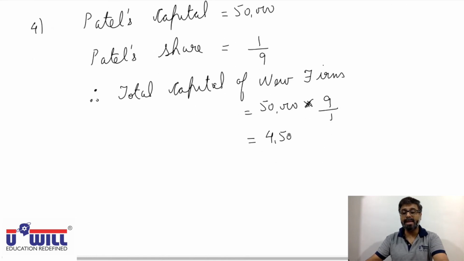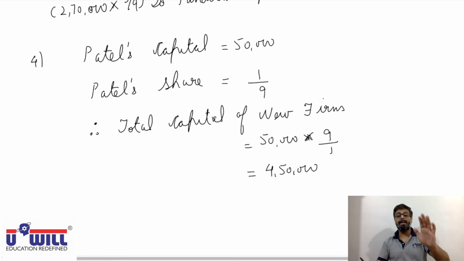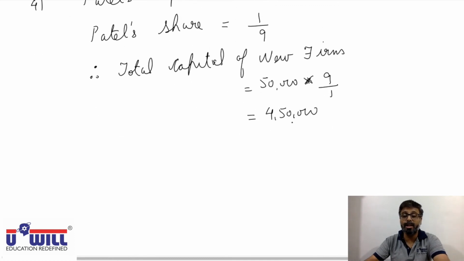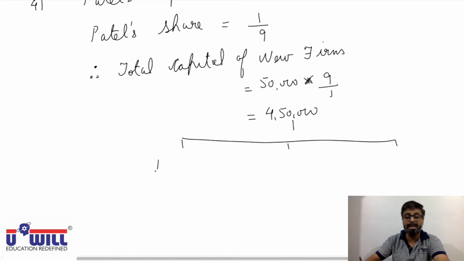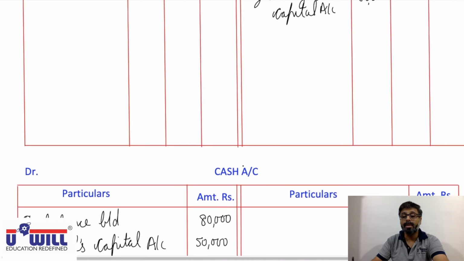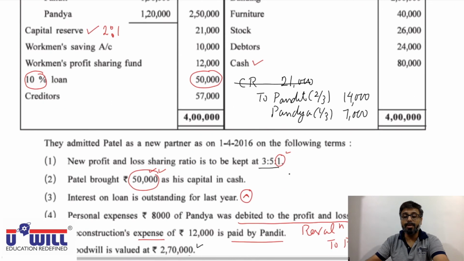Patel's capital is 50,000, his share is 1 by 9. Then what should be the total capital of the entire firm? 50,000 into 9 by 1, 4,50,000. This capital of the firm, taking Patel's capital as a base, should be maintained between Pandit, Pandya and Patel in the new profit sharing ratio, which is 3:5:1.